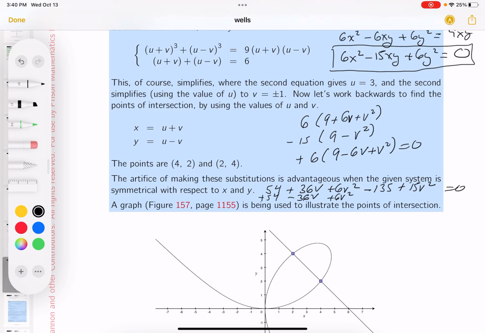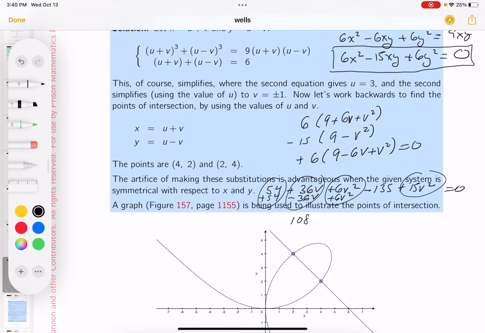And that, of course, is equal to 0. Let's look at a tough one, doesn't it? So let's take a look. And I get 108. This is done. This is none. You get 12, and 15 is 27v squared. Minus 135 equals 0. I'm going to put it in order, though.